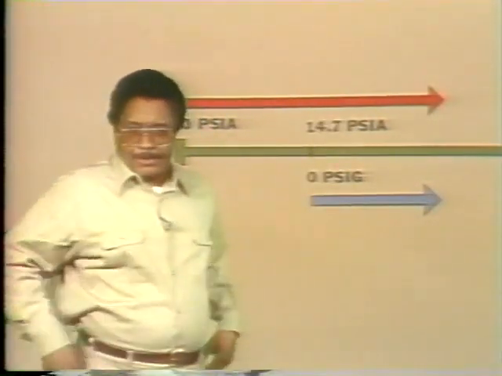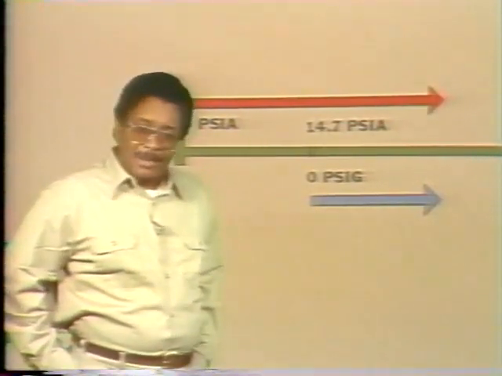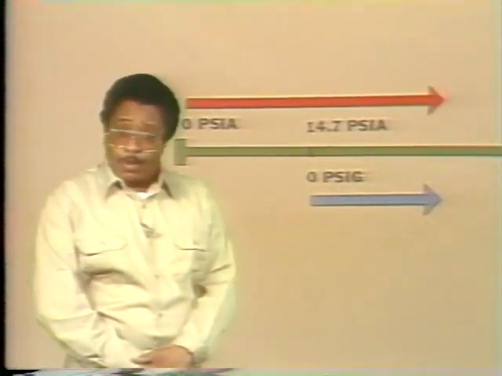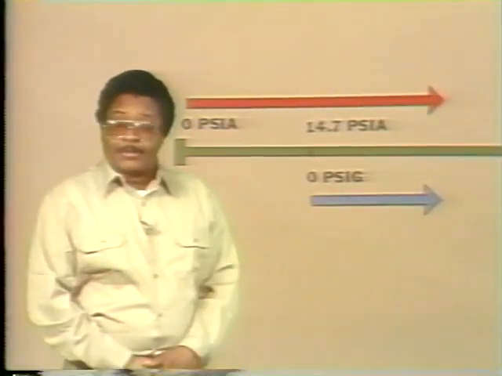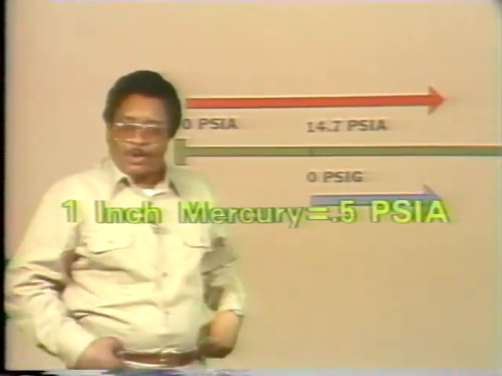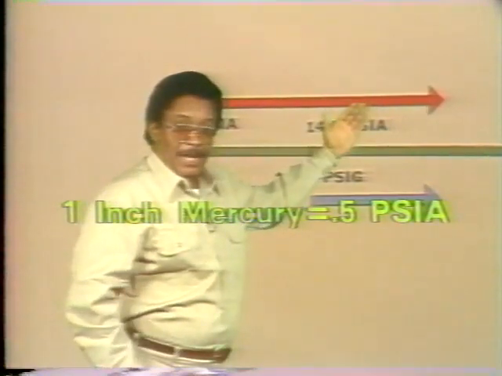We'll use our standard, the absolute pressure scale, to show the difference between vacuum and back pressure. Vacuum or back pressure can be measured in many different units, such as psia, minus psig, feet of water, or inches of mercury. We'll use inches of mercury for our example. 1 inch of mercury is equal to about 0.5 psia. Both vacuum and back pressure are measured only between 0 and 14.7 psia.